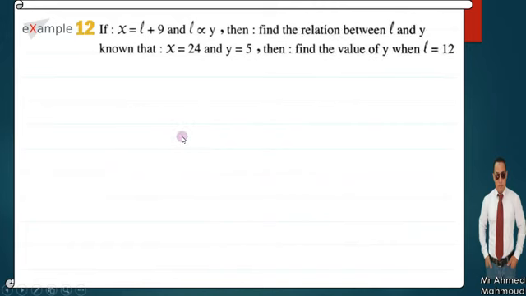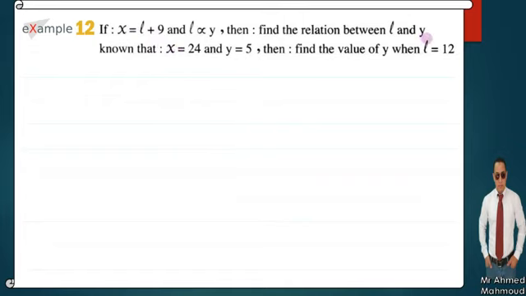Number 12. If x equals L plus 9 and L varies as y, then find the relation between L and y, knowing that x equals 24 and y equals 5, then find the value of y at L equals 12.